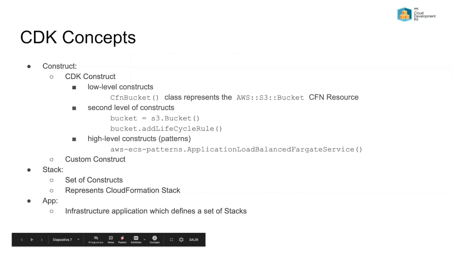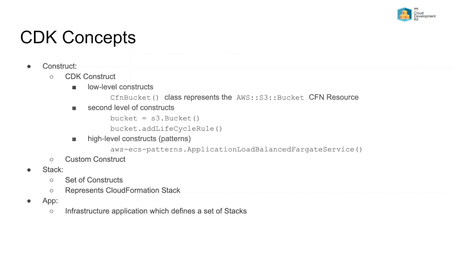Okay, some concepts going deeper in CDK. We have constructs, stacks, and applications, an app. So with these three concepts, you can build a CDK application. Inside the constructs, CDK provides you some already built-in constructs, and you can also create some custom constructs.